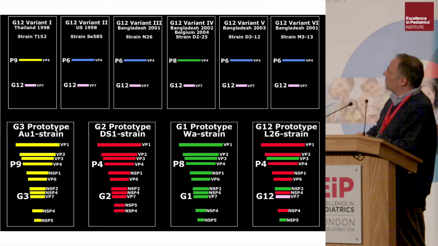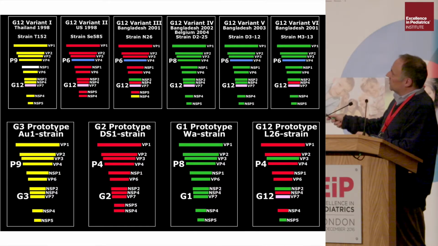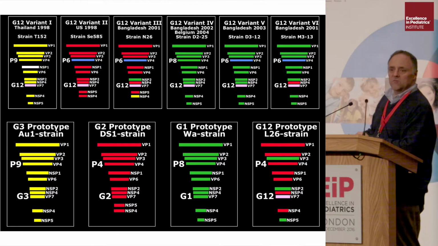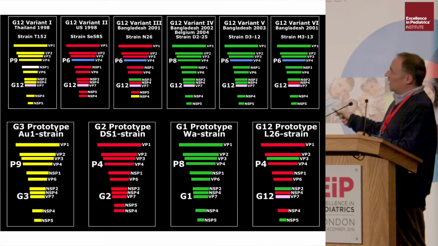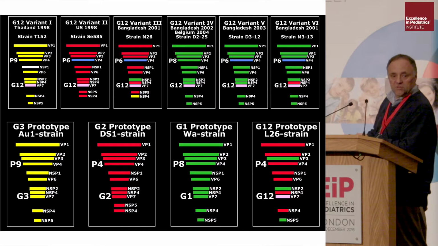And then when you look at the other genetic makeup, you see that many of these genes in the G12 prototype strain are derived either from the DS1 or the WA, respectively the G2 or G1 prototype. And then when you sequence all the other G12s, you would call them all G12s, but they're extremely different when you look at the complete genetic makeup.